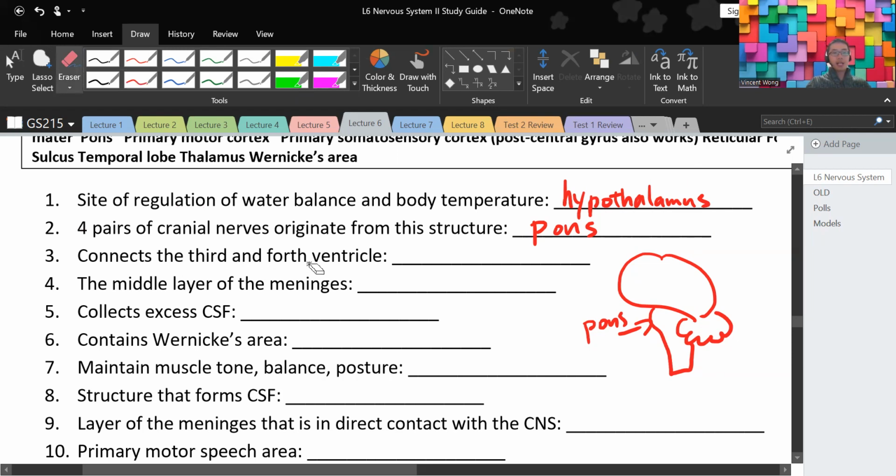Connects the 3rd and the 4th ventricle. There is a duct, and the duct is called the cerebral aqueduct. The middle layer of the meninges, that's the arachnoid mater.